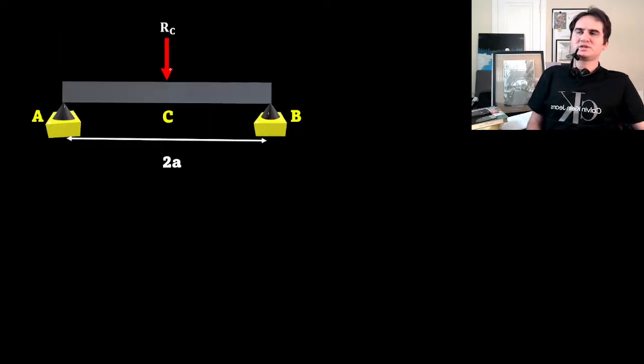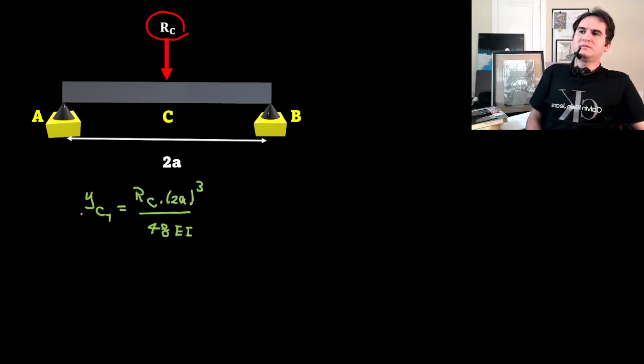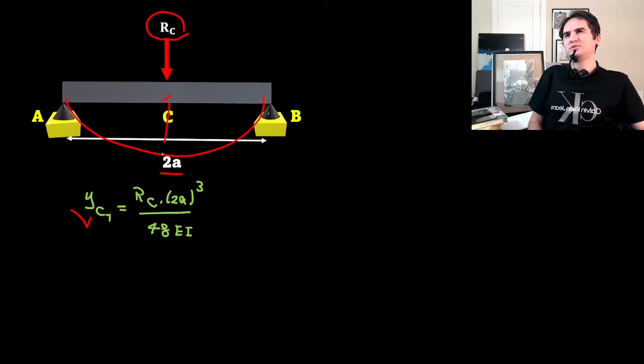If we just consider there is a reaction force at the center of beam AB, which pulls the beam down, we know the deflection at C, in this case we call it YC1, is the reaction RC times the length 2A cubed over 48 EI, the deflection of a simple support beam.